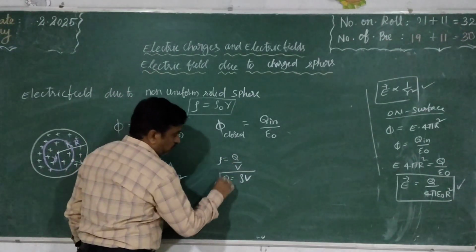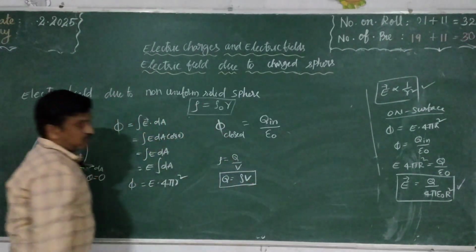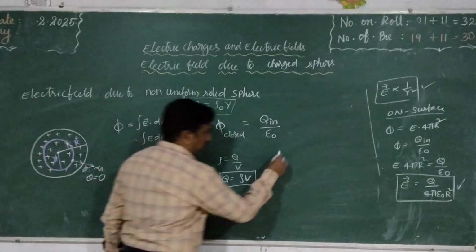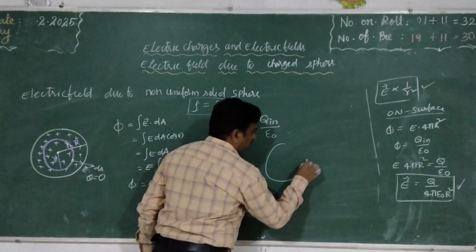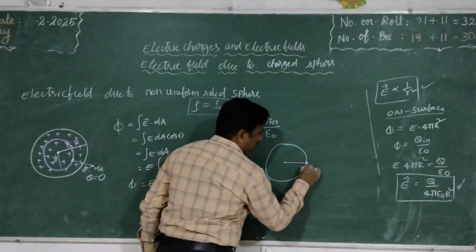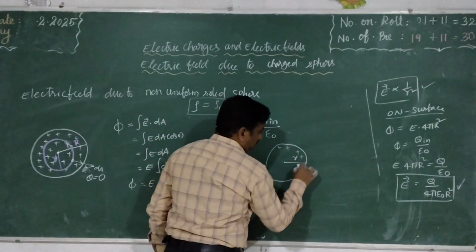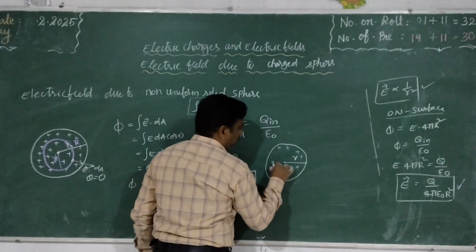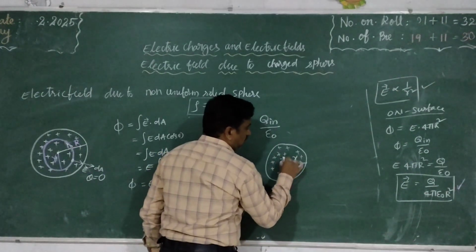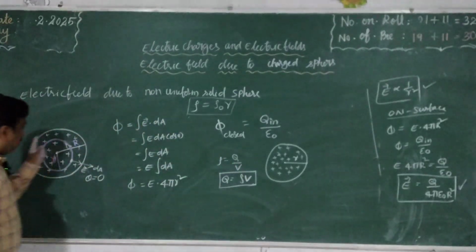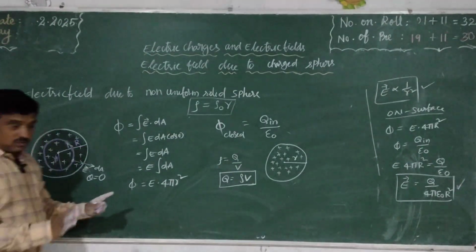From that, Q equals rho V. For that, this is a sphere, at a smaller distance from the center, where charge is distributed non-uniformly. How much charge does this Gaussian sphere contain? What is the charge we can write?